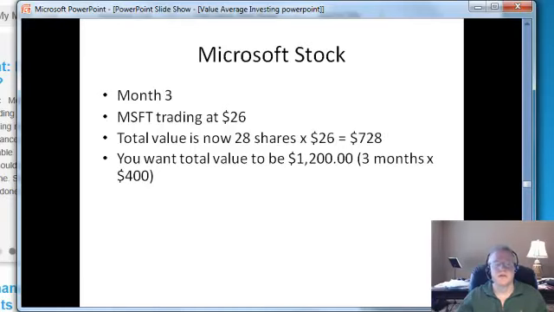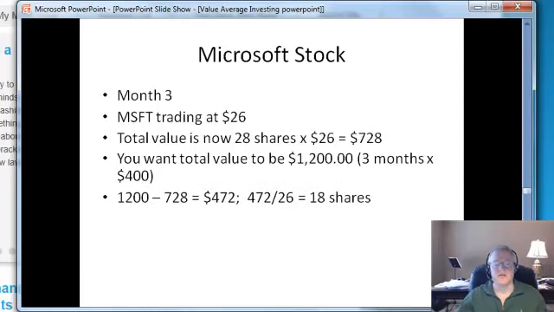So now we take that $1,200 and we subtract the value that we currently have, which is $728, and we need to then buy $472 worth of stock. You divide it by the share price of Microsoft at $26, so $472 divided by $26, and we come up with 18 shares.